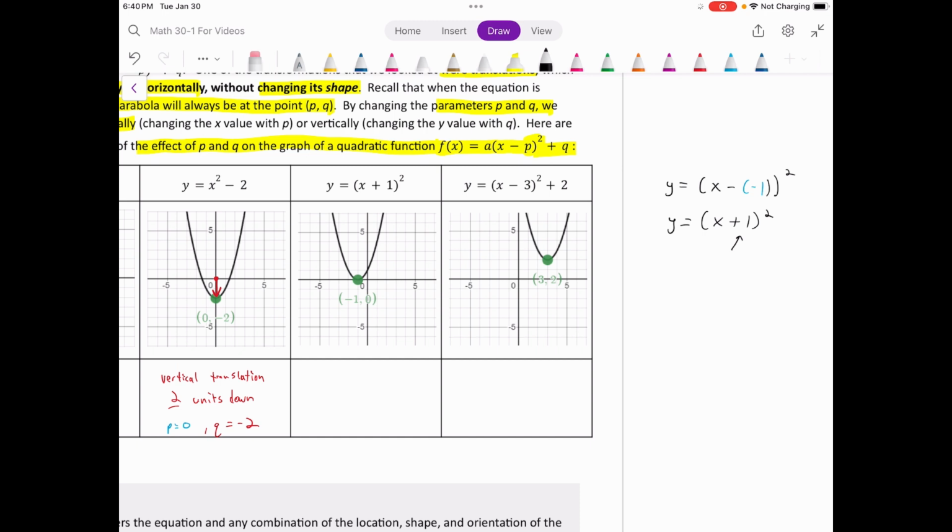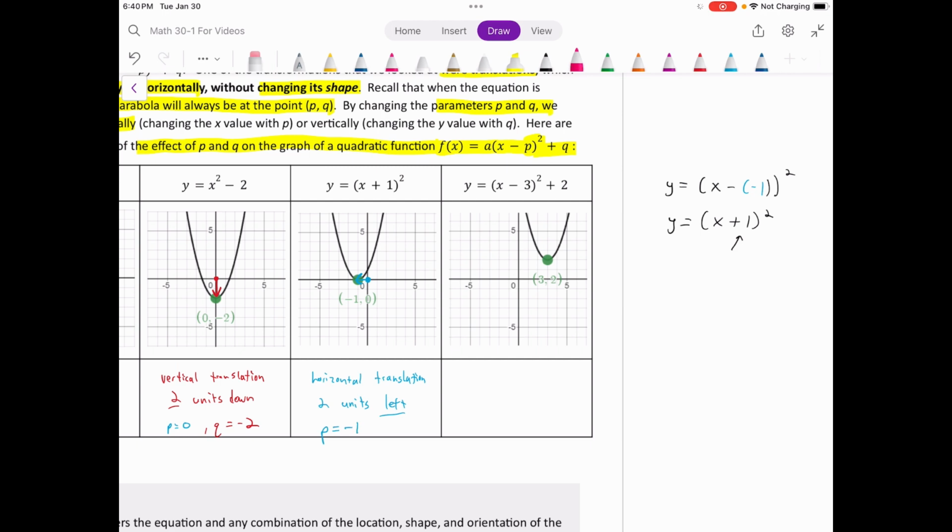So p is not 1 here, p is negative 1. And that is why it's getting shifted 1 to the, not right, 1 to the left. So this is a horizontal translation 1 unit left. Our p here is negative 1.